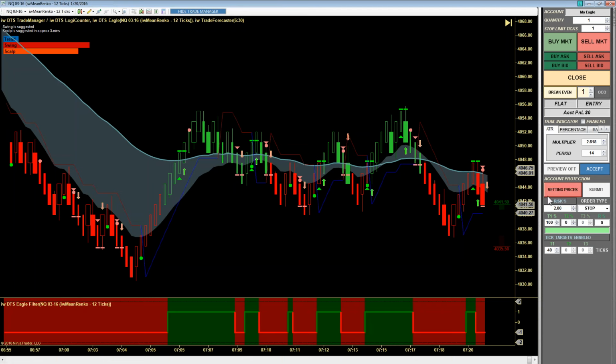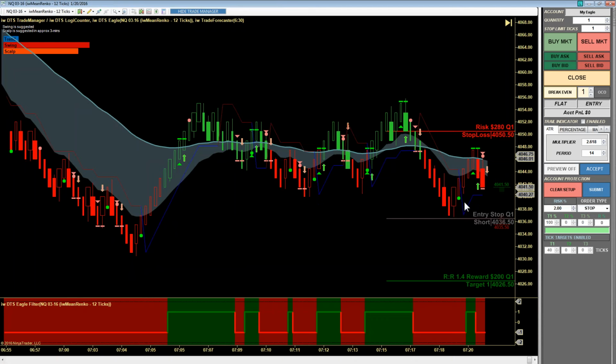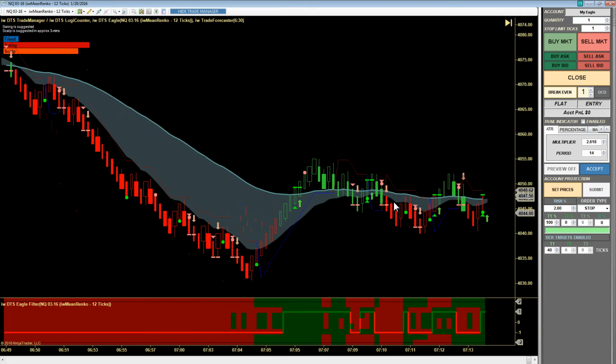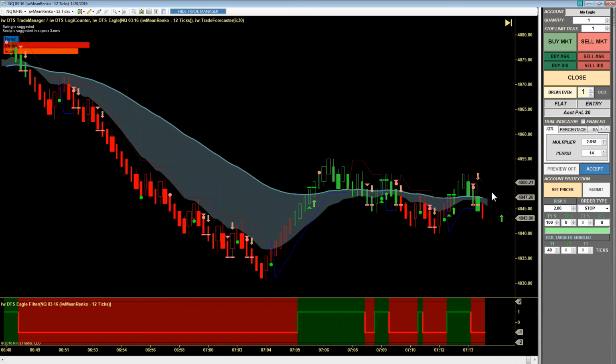Now the hash mark is only a suggested entry point. If you're looking at this and saying, I wonder if the market's going sideways, maybe I'll enter below the low. That's definitely an option available to you. Or one of the strategies we use in the Eagle is what we refer to as a second push.